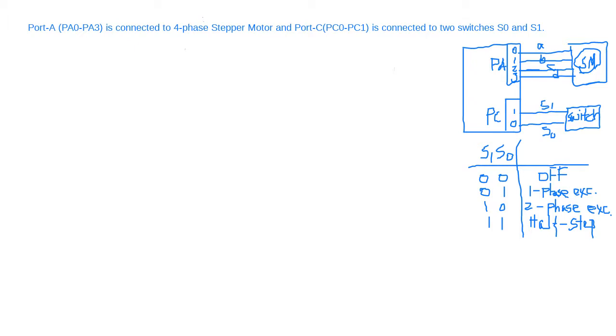We have to control the operation of the stepper motor based on the switch condition. If it is 0 0, it is off. If it is 0 1, single phase excited mode. If it is 1 0, two phase excited mode. If it is 1 1, then half step mode, alternately single phase, two phase. We discussed this in the last class. Now it's about writing the code.